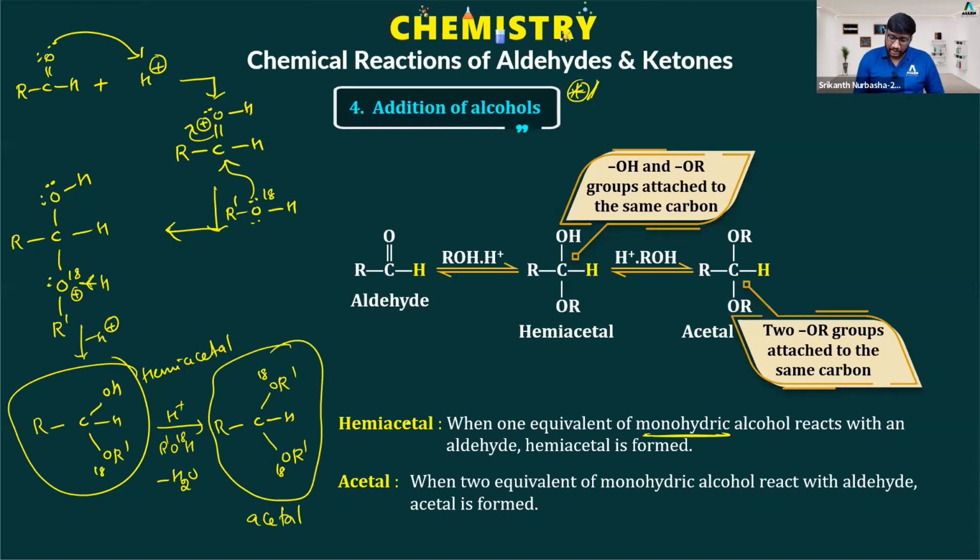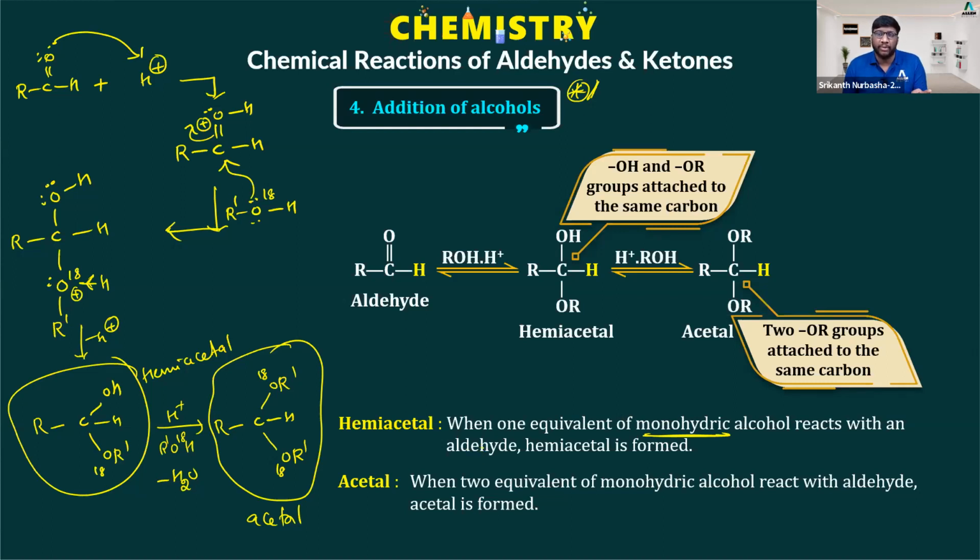So acetal and hemiacetal are formed whenever an aldehyde reacts with alcohol. When one equivalent of monohydric alcohol reacts, you get hemiacetal. When two equivalents of monohydric alcohol react, you will get acetal. Instead of aldehyde, if you take ketone, the same points you can write. One equivalent of monohydric alcohol reacts with ketone to form hemiketal.